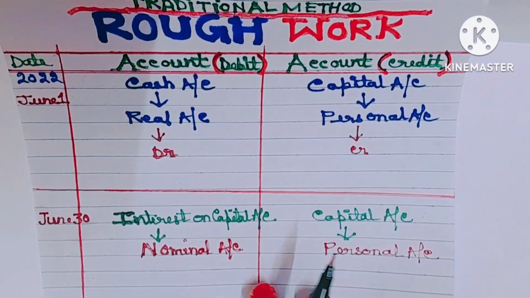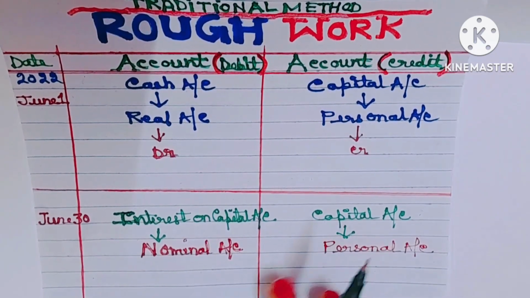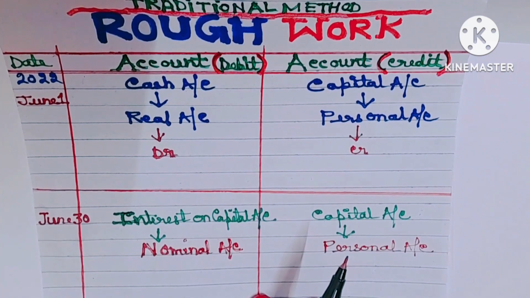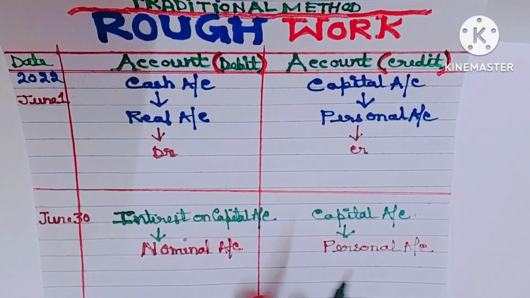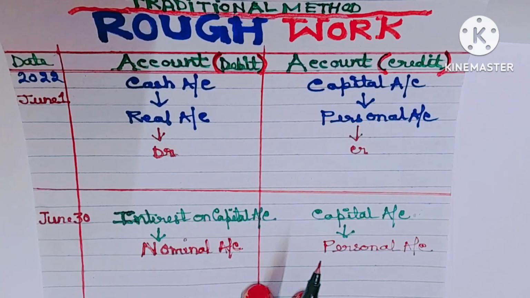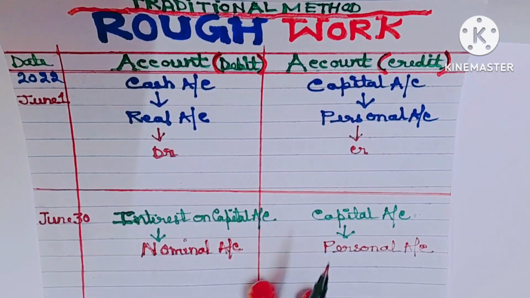Since the business owner, that is Mamuni, has started business with the capital rupees 6 lakhs, she is getting 10% interest on capital. So this is an expense for the business.